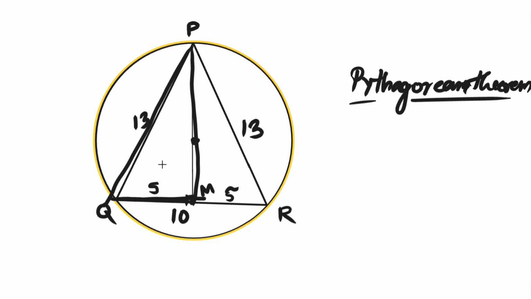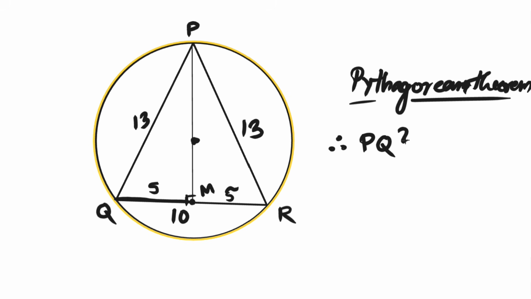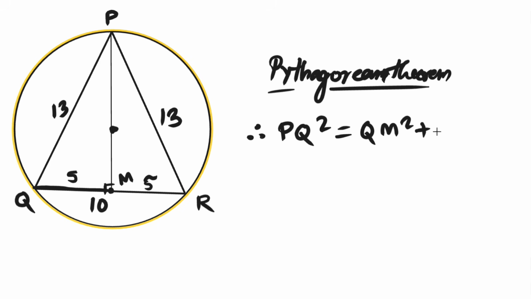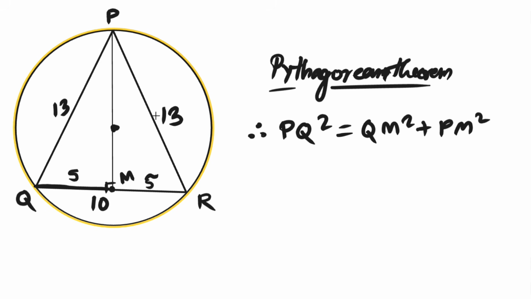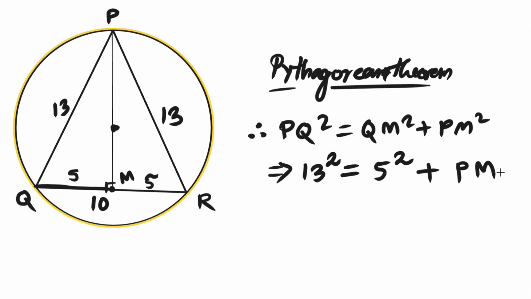In our triangle, the hypotenuse is PQ. Therefore, we can write PQ squared equals QM squared plus PM squared. Now let's substitute the known values. PQ is 13. So we get 13 squared equals 5 squared plus PM squared. 13 squared is 169 and 5 squared is 25.